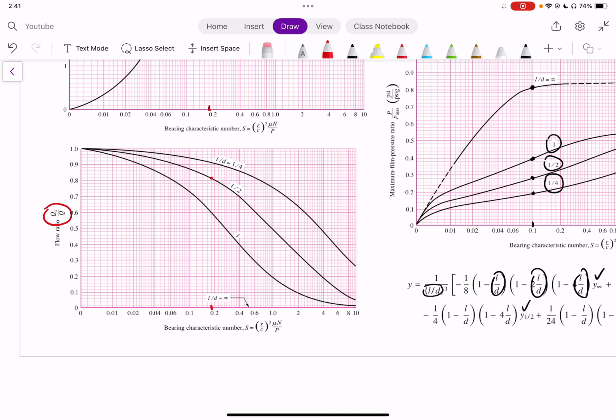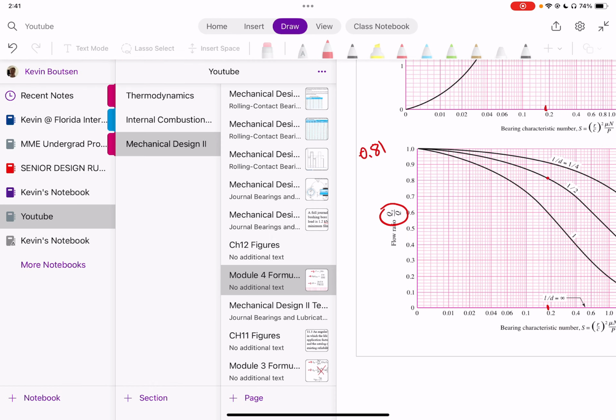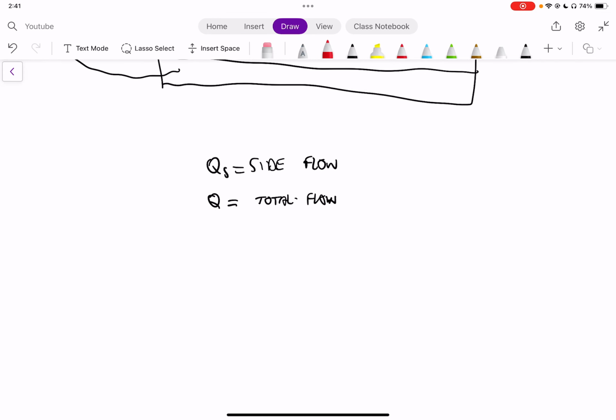And we see that we have around 0.81 for this one. So based on that, we can go back to our worksheet and say that Q over RCNL is equal to 5.1, and QS over Q is equal to 0.81.